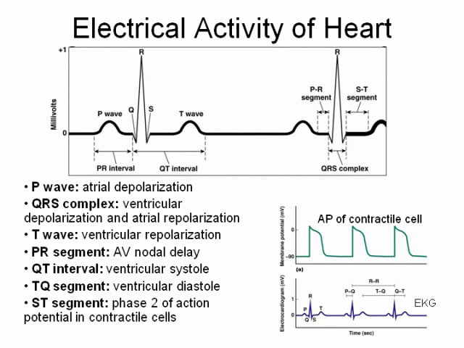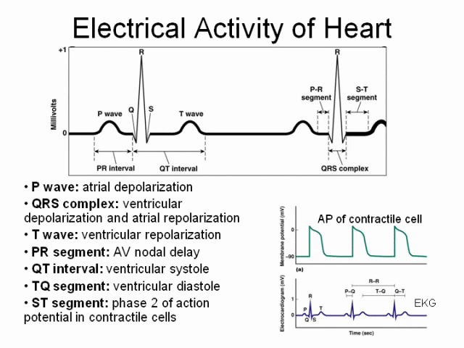So the EKG is the electrical activity of the heart. The P wave represents atrial depolarization. So at the very beginning of the P wave is when the SA node is depolarizing. And then as the depolarization travels from the SA node throughout the atrium, it forms the P wave.